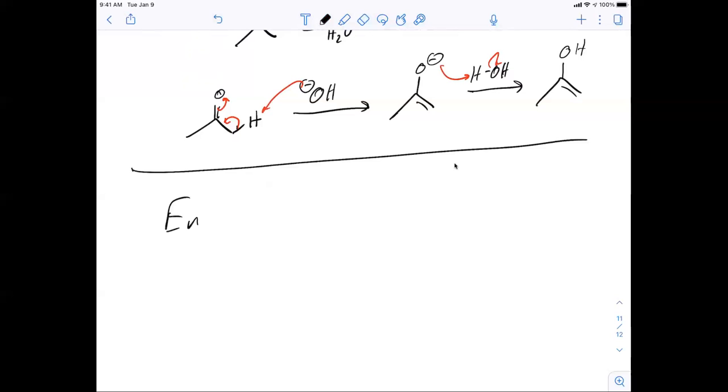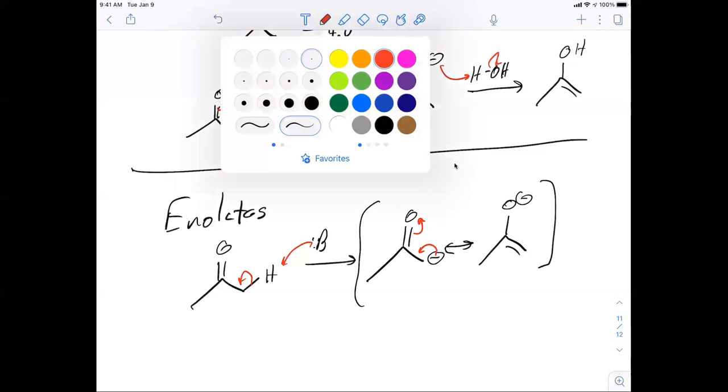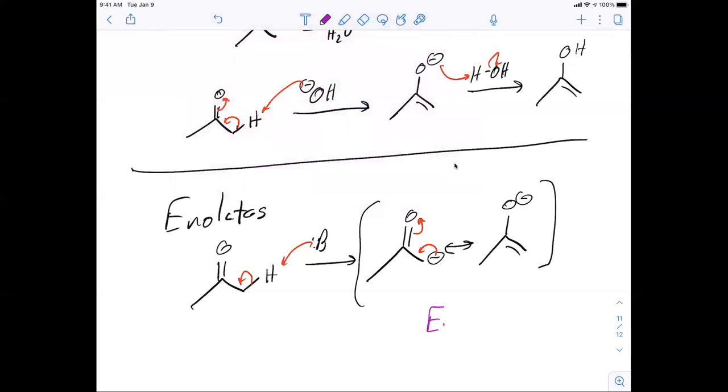When we go to enolates, the idea with enolates is now we've got a stronger base, and then we form this species, right? So we do a deprotonation to form our enolate.